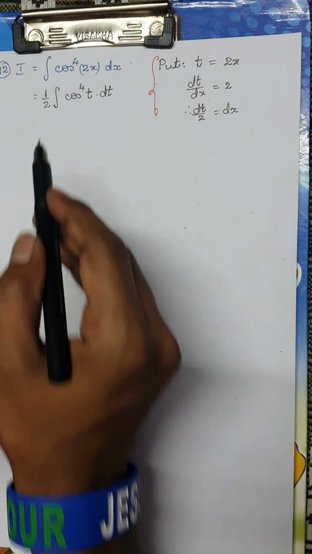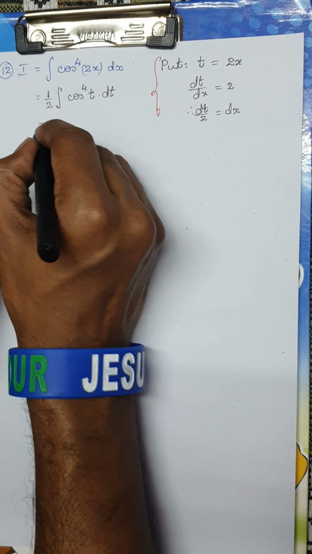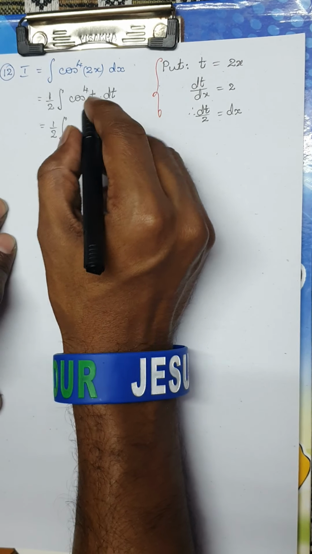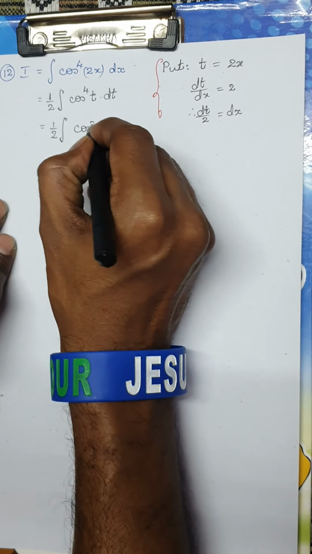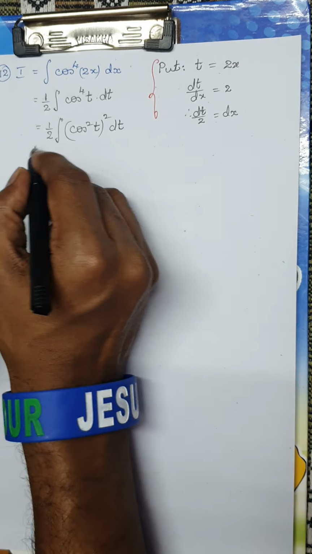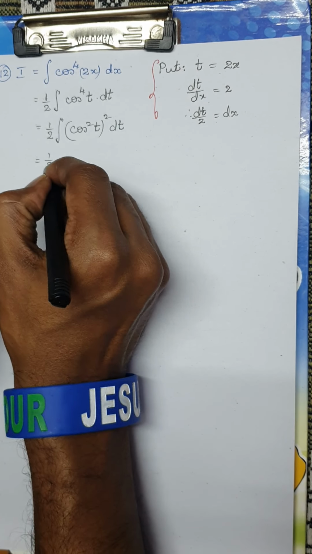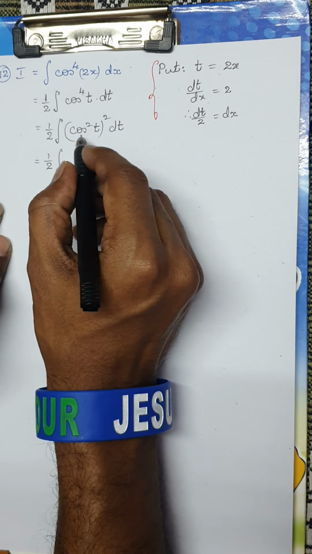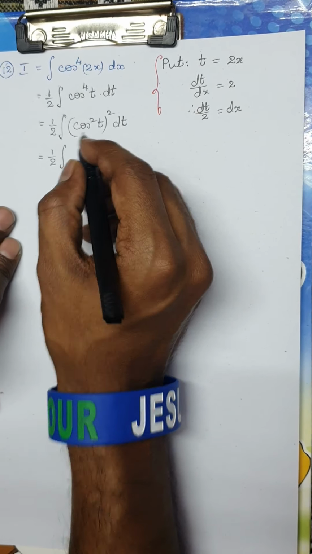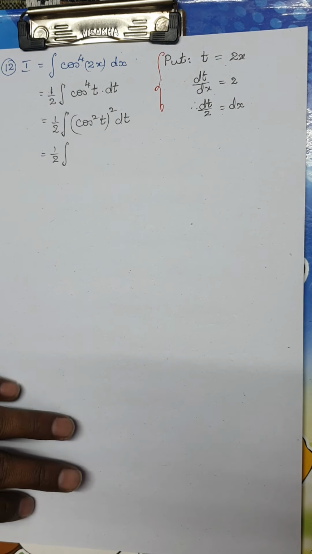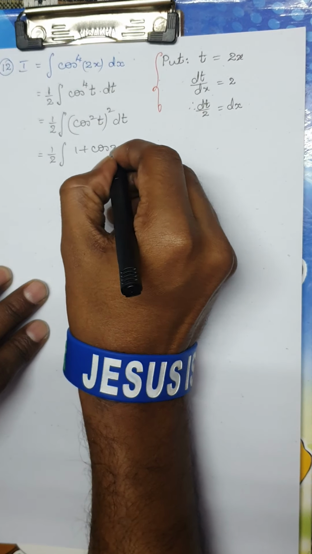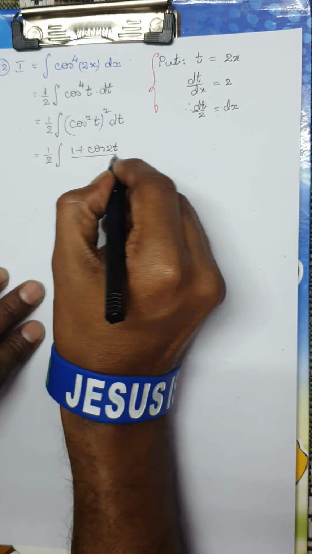Now we are going to proceed similar to what we did in the previous question. 1 by 2 is outside, so cos power 4 can be written as cos square t whole square dt. So this is half into the integral of, I told you cos square theta can be written as 1 plus cos 2 theta divided by 2. So we get 1 plus cos 2t divided by 2.